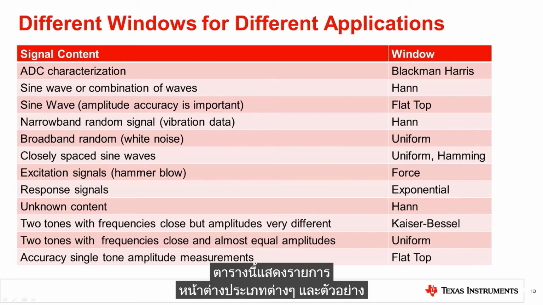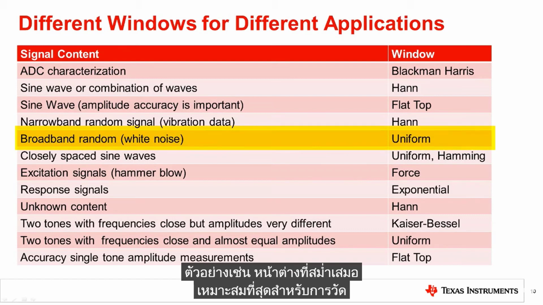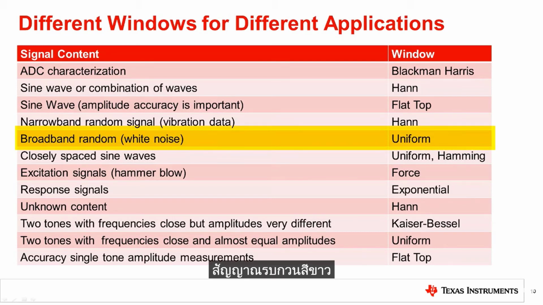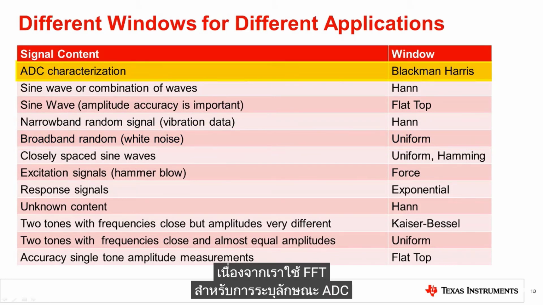This table lists different types of windows and an example of what type of signal content this window is optimal for. For example, a uniform window is optimal for measuring white noise. In general, we will be using the 7-term Blackman-Harris as we are using the FFT for ADC characterization.